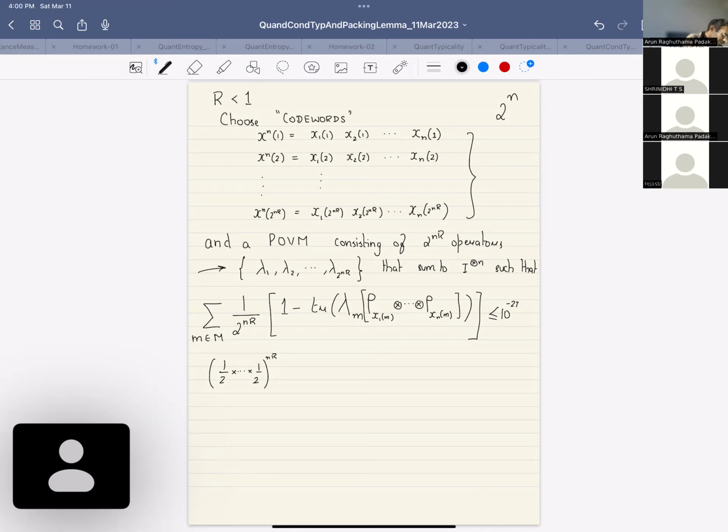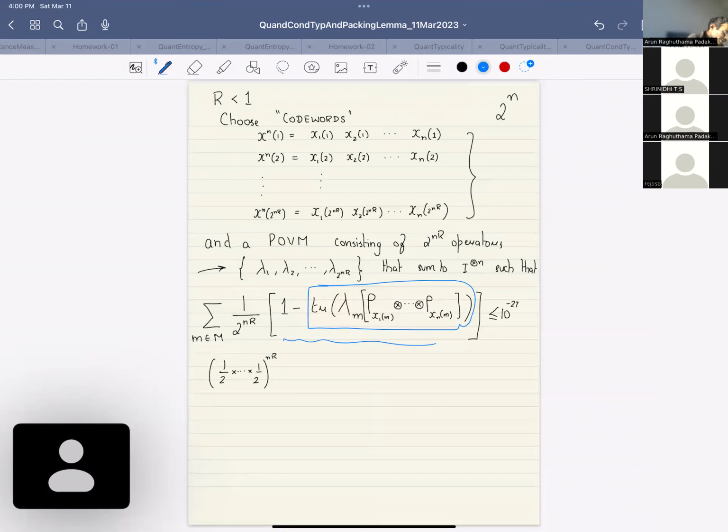What is the probability of error if I send the message little m? That is this, because this is the probability that Bob will decode correctly. Alice has prepared the quantum state corresponding to the message m, Bob gets the outcome corresponding to the operator m, and 1 minus that is the probability of error, and then I average over all the messages. That average has to be less than 10 power minus 27.